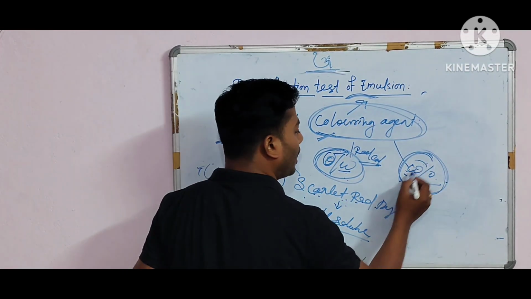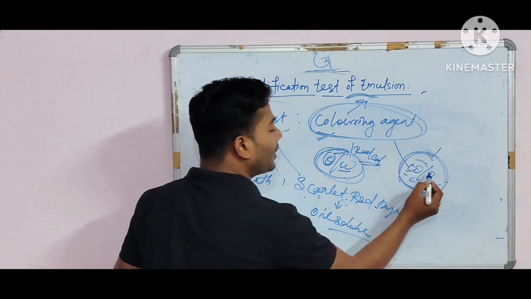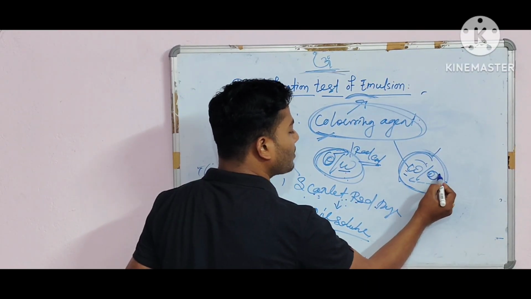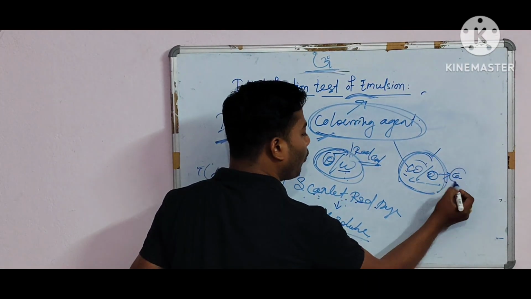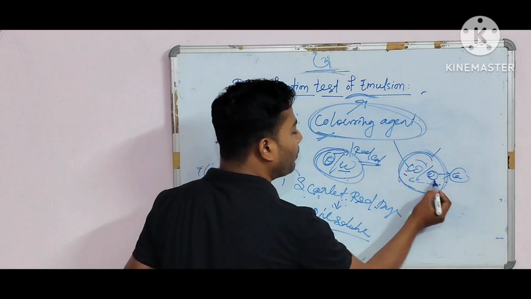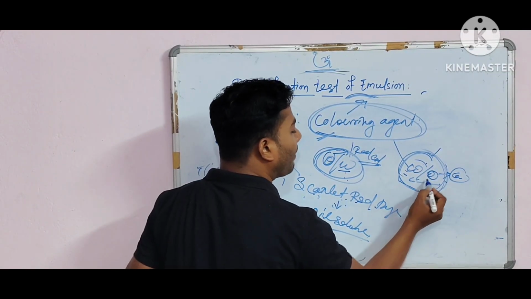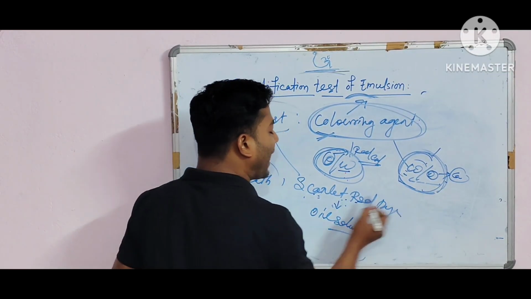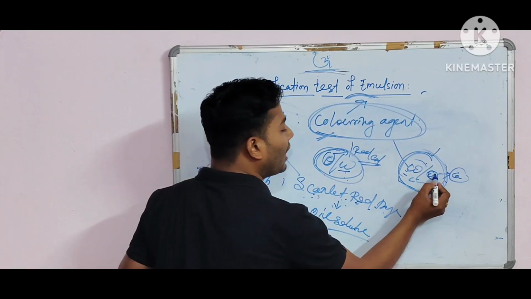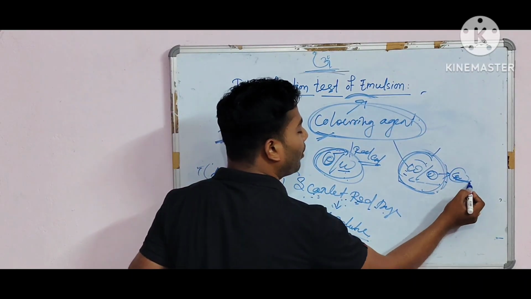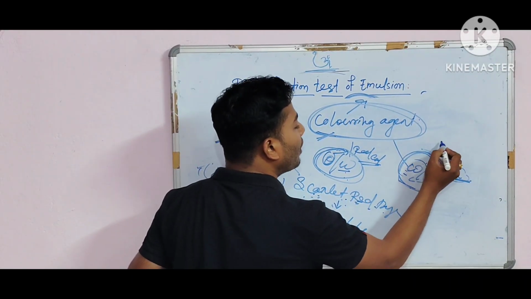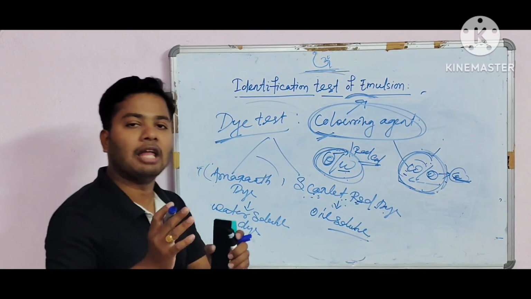In this emulsion, if you add the scarlet dye, the large surface has the color. Why? Because it is oil soluble. So after adding the scarlet dye, the oil part has the colored compound. So definitely you can say it is a W by O type of emulsion.